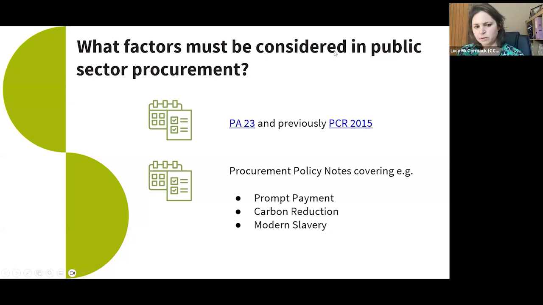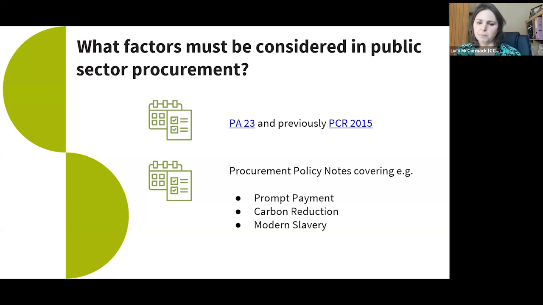Contracting authorities, or in simple language, buyers, in the public sector have to adhere to these public procurement rules detailed within the regulations. In addition, there are procurement policy notes, which some of you may have come across or heard of before, and these can cover a whole range of policy issues. Some examples that I've provided here are prompt payment, carbon reduction, modern slavery.